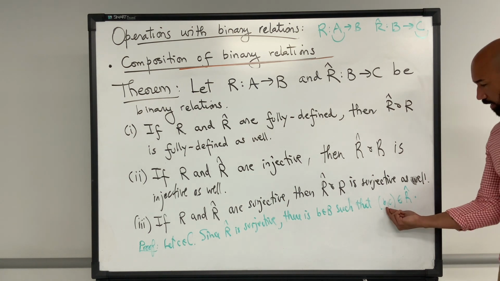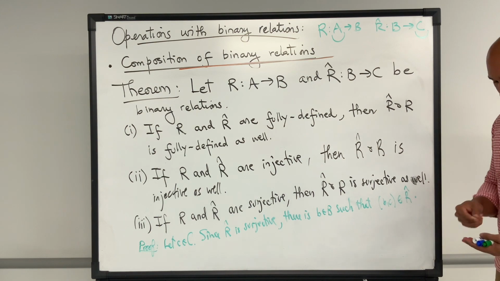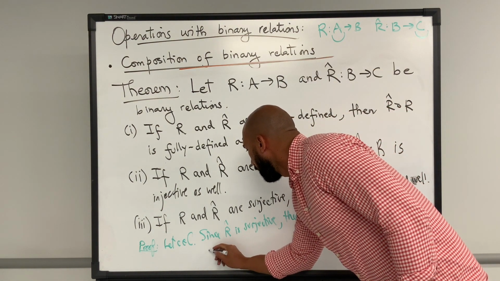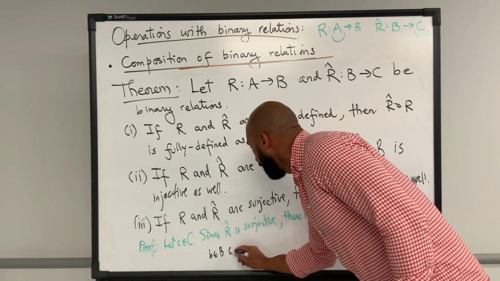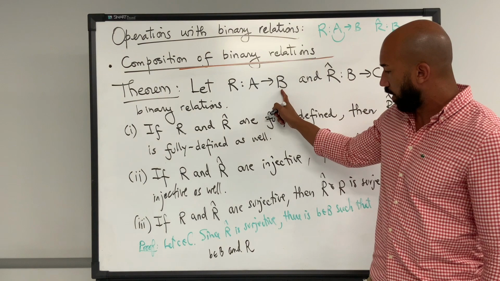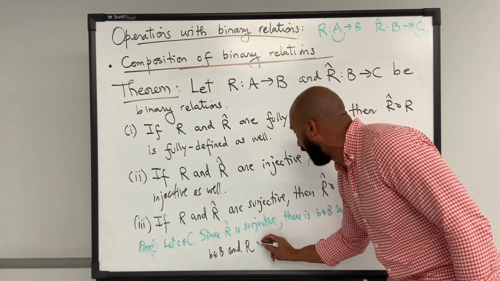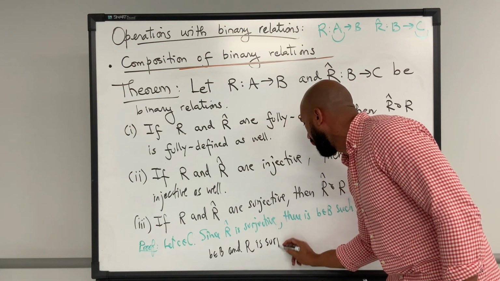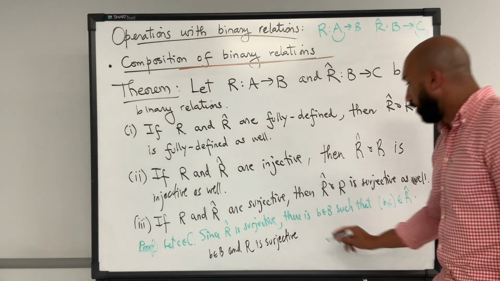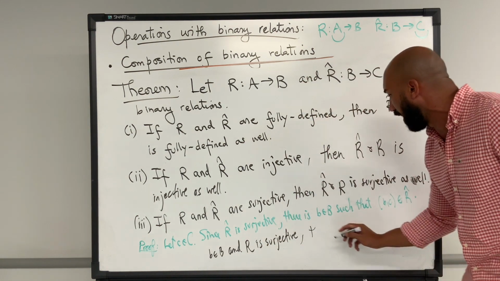And now we look at this letter B that we found as the first component for this pair. B is in B, and B is the set of second components for R, and R is surjective. Okay? So this B is the second component of at least one pair in R.